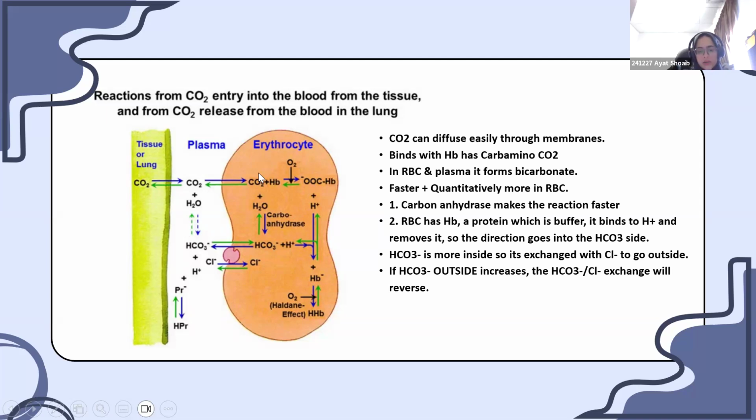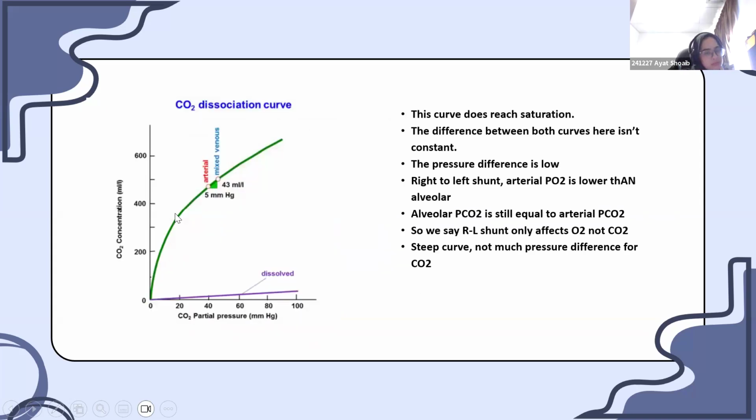So the whole equation keeps moving to the HCO3 side. So there is more HCO3 inside the RBC, and it's going to be exchanged with Cl minus. It's just gonna go out in exchange for Cl minus in. And if this increases outside, reverse is gonna happen. This is gonna go back in, and Cl minus is gonna go back out.